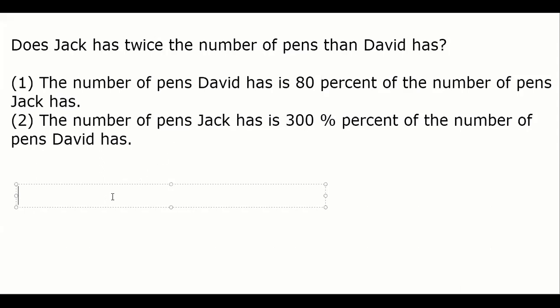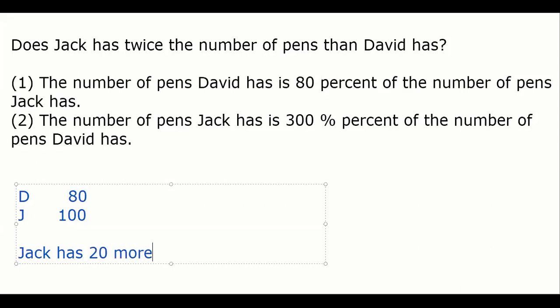So how will you do it? We'll write David here, Jack here. It says 80% of Jack. So Jack is 100. So how much will David have? 80 and 100. So Jack has how many more? 20 more.